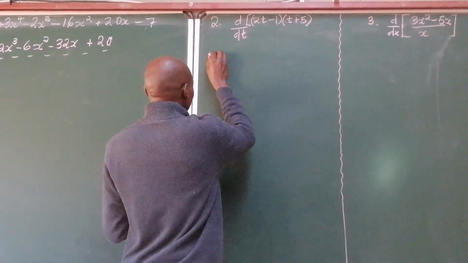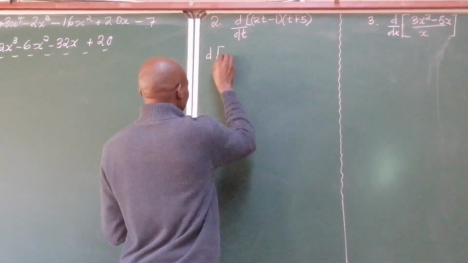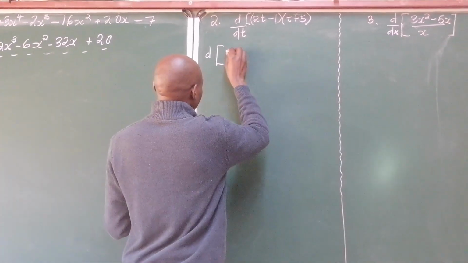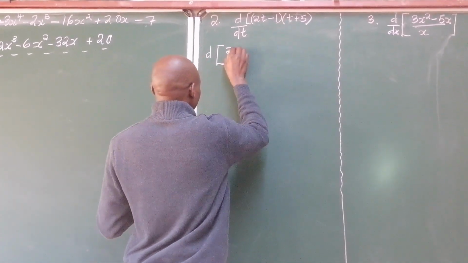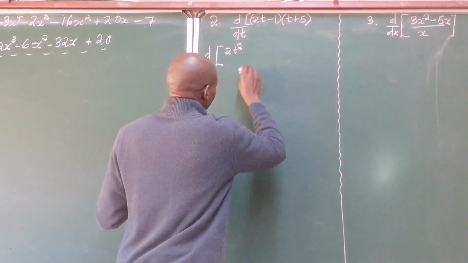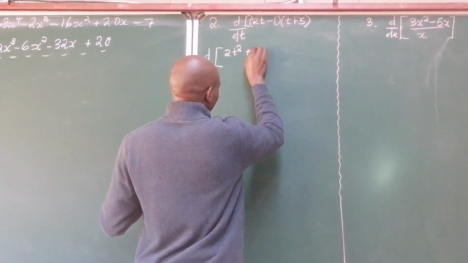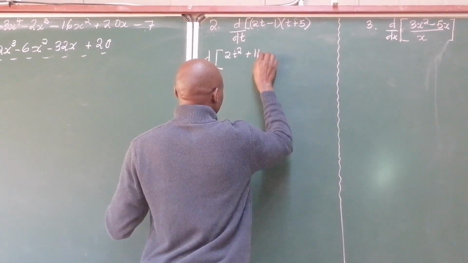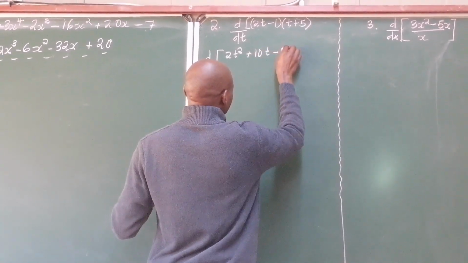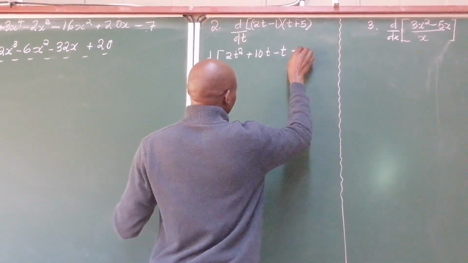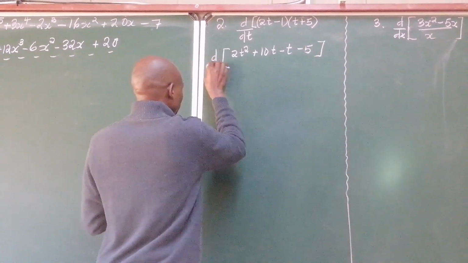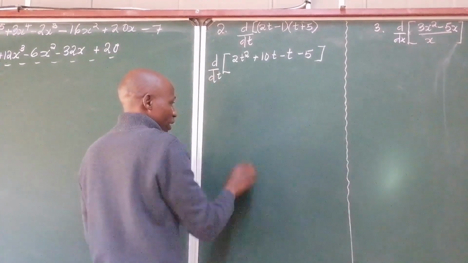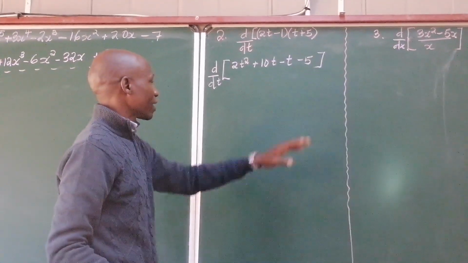We keep the derivative on hold, and when we expand, this becomes 2t times t, this is 2t squared, and then plus 5 times 2, that is 10t, and then minus t, and then minus 5. So this is a process of preparing to differentiate, as we said before, by expanding.